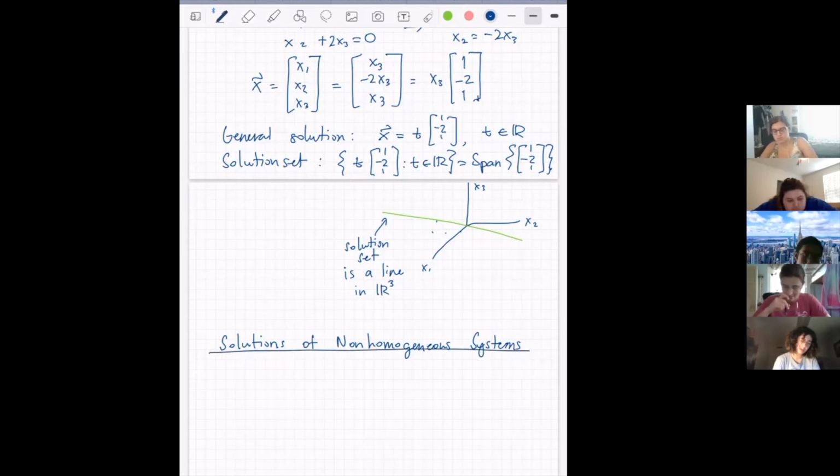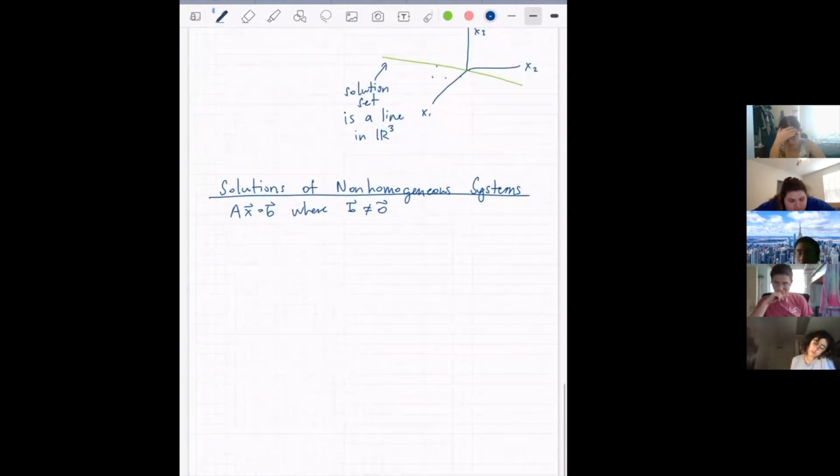Just to be clear, a non-homogeneous system is just a system AX equals B, where B is not equal to 0, right? So anything that is not homogeneous is non-homogeneous, right?